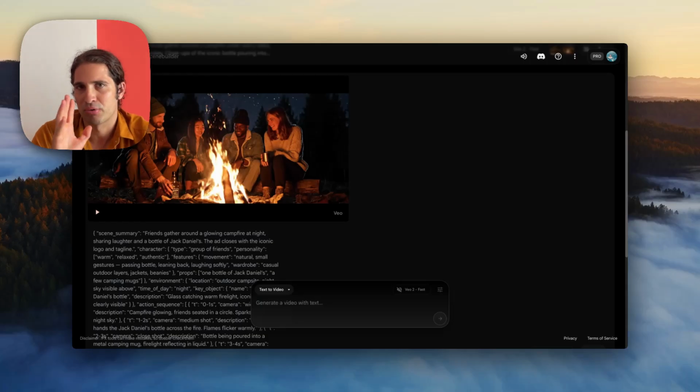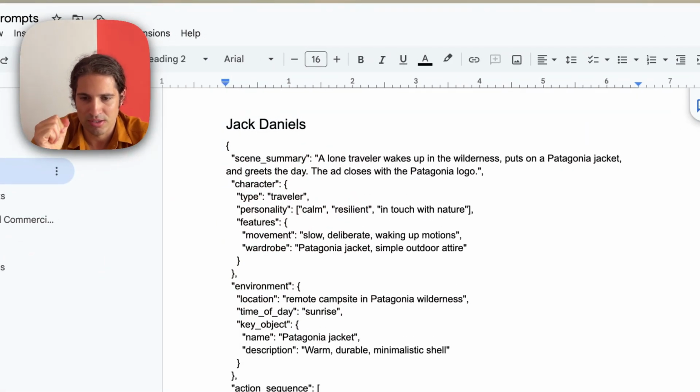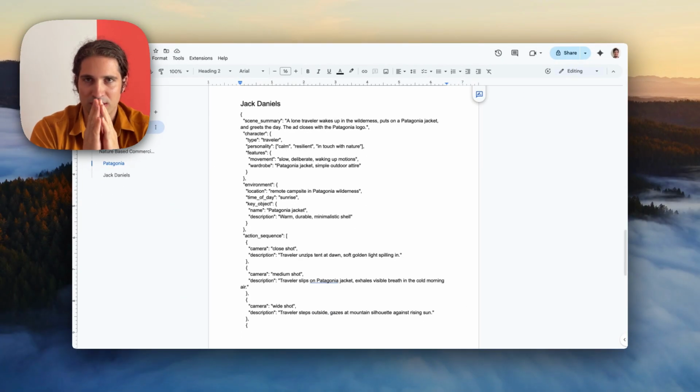So let's talk a bit about the prompt framework for you to design your optimal ad. You can see over here, the prompt is essentially describing a scene and then a set of other constituents that are necessary for you to give the instructions for this really clear ad. And really, you should start with the core concept. You should think of the brand and what it's trying to achieve.